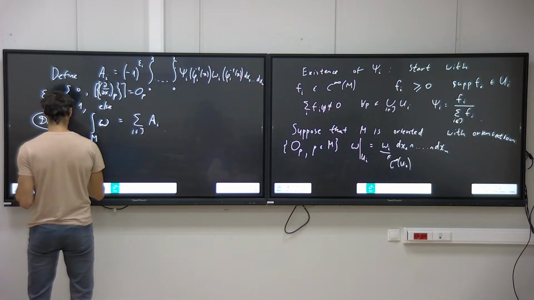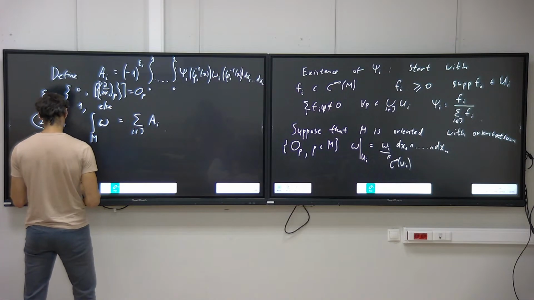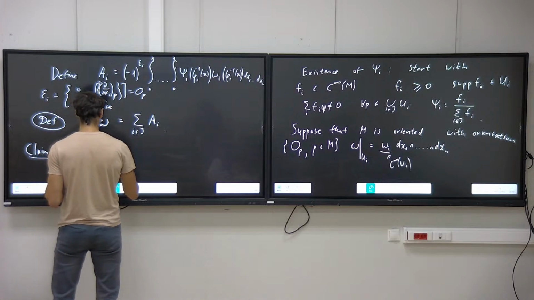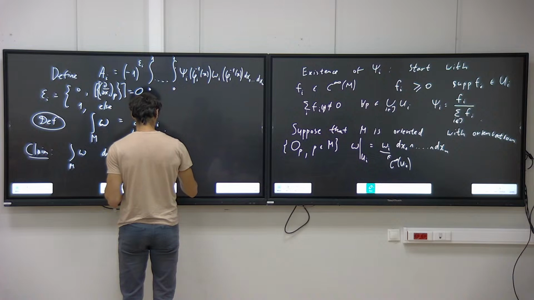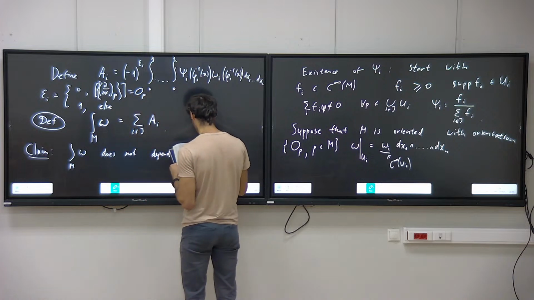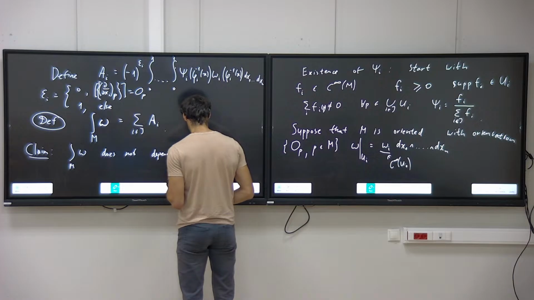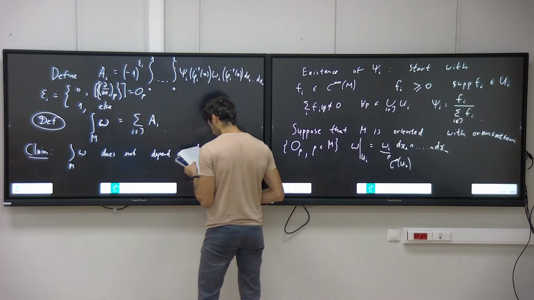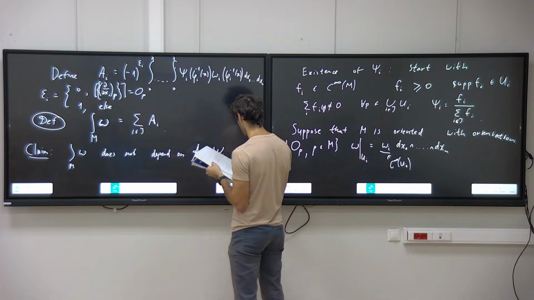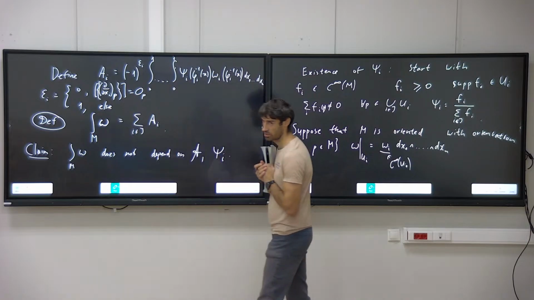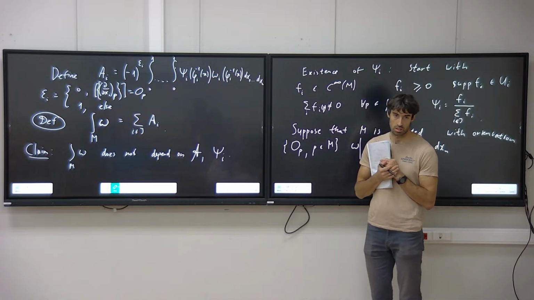So the integral over M of omega does not depend on the atlas, or on psi I. What else? That's it. That's the only thing that we chose.